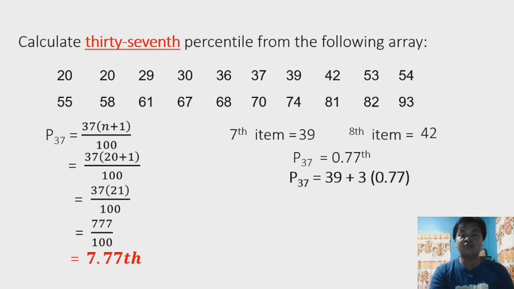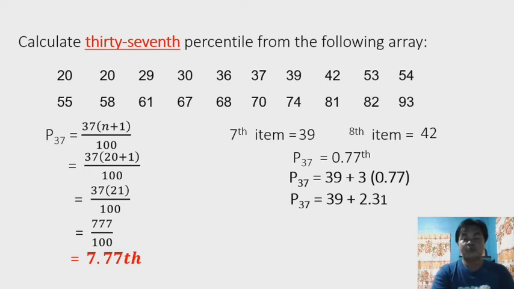So, i-subtract lang po natin ang 39 sa 42, which is 3 is the answer. So, para malaman na natin kung ano ang 37th percentile, i-multiply natin ang 3 times 0.77.